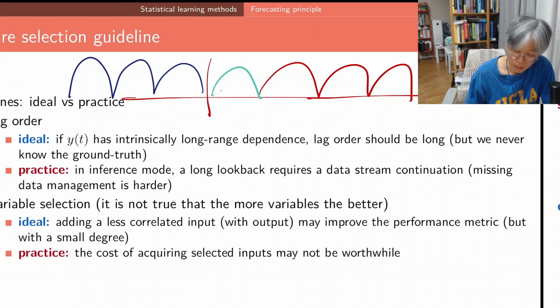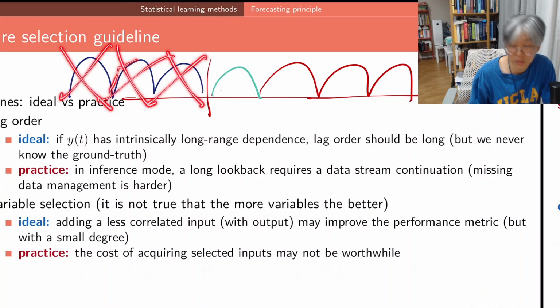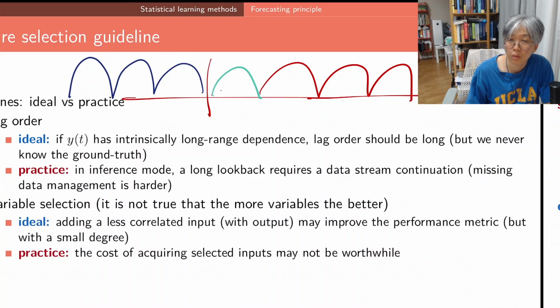So you have to come up with a practical guideline: what if the data discontinue to flow to your system? That's going to be a problem in the inference mode. Your model cannot release, or you're going to impute the missing data.